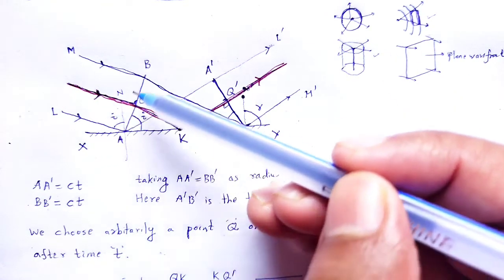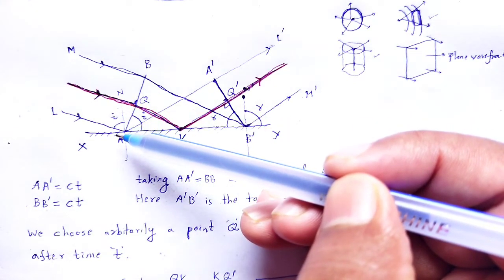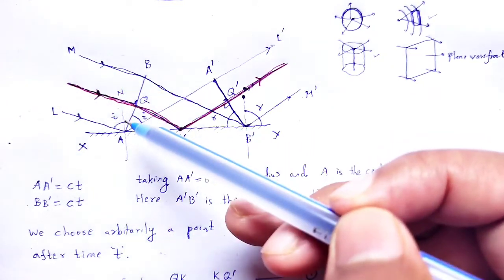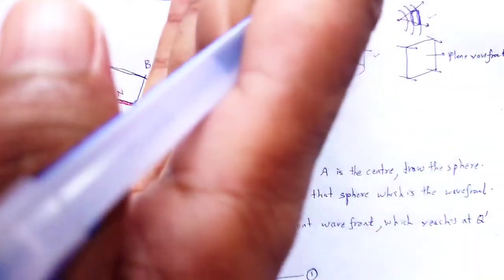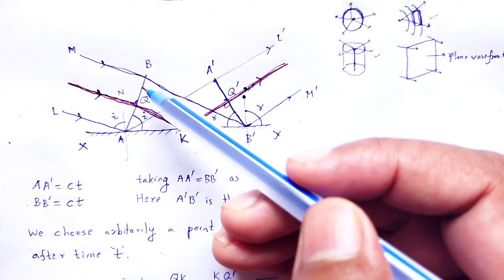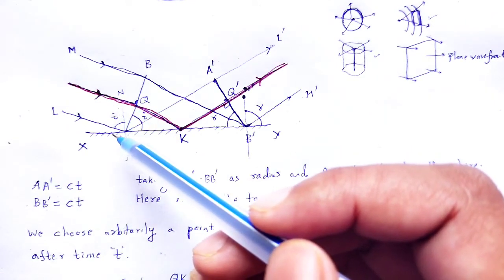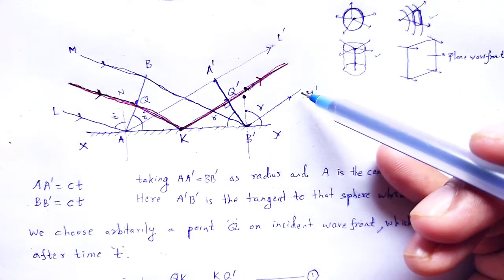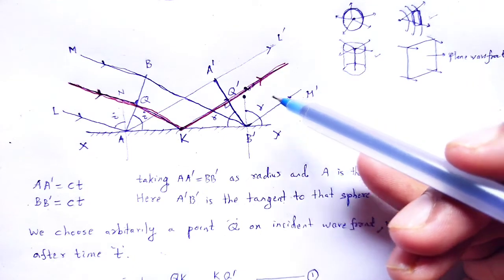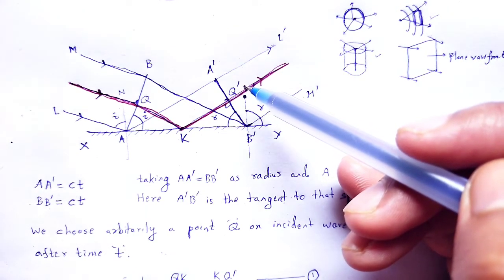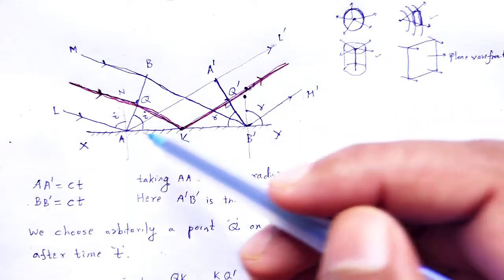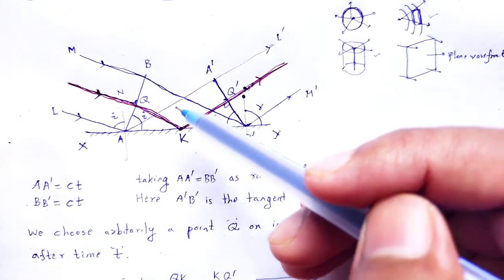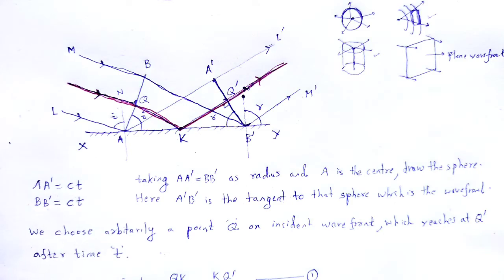Therefore, the incident ray, either LA or MB, AB is the incident wavefront, and the normal AN, and the reflected rays A'L', B'M', which are perpendicular to AB, XY, and A'B', all lie in the same plane. This proves the second law of reflection.